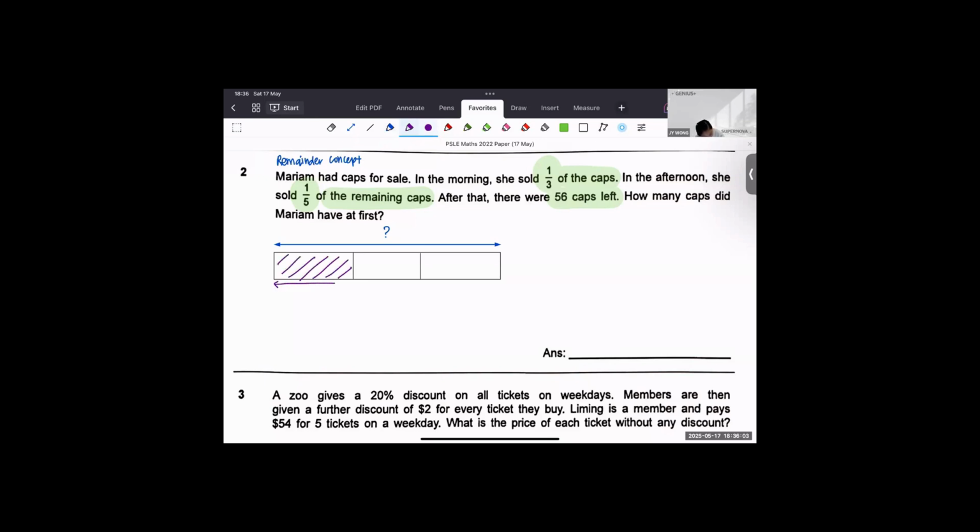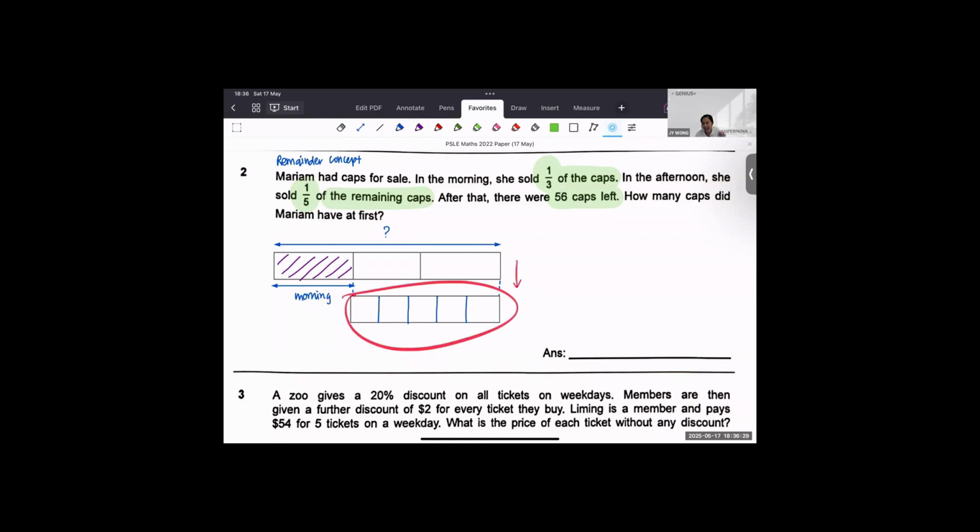This is sold in the morning. Let me just put it down here. Then the remainder part, which is here, I'm going to draw it out again so that I can cut it properly into 5 units. Some of you like to do it on the same model, but I think it's easier if you break it up and copy it out again.